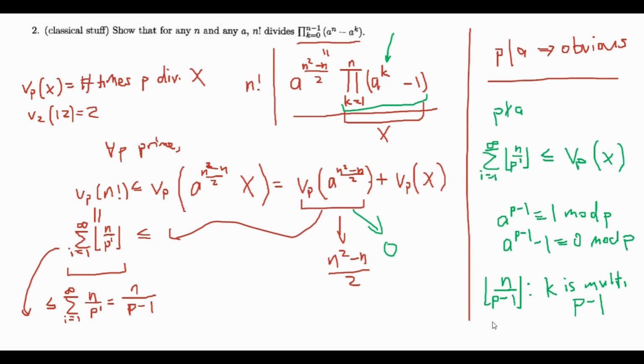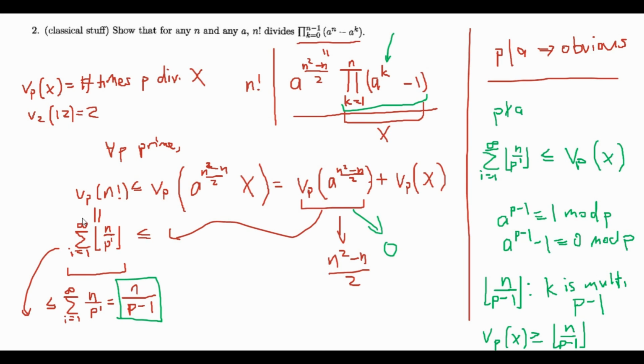This tells us that vp of x is greater than or equal to n over p minus 1 floored. Why do we like this? Well, we like this because, oh look, we have this exact same expression as vp of n factorial. But there's a slight glitch that we haven't worked out yet.